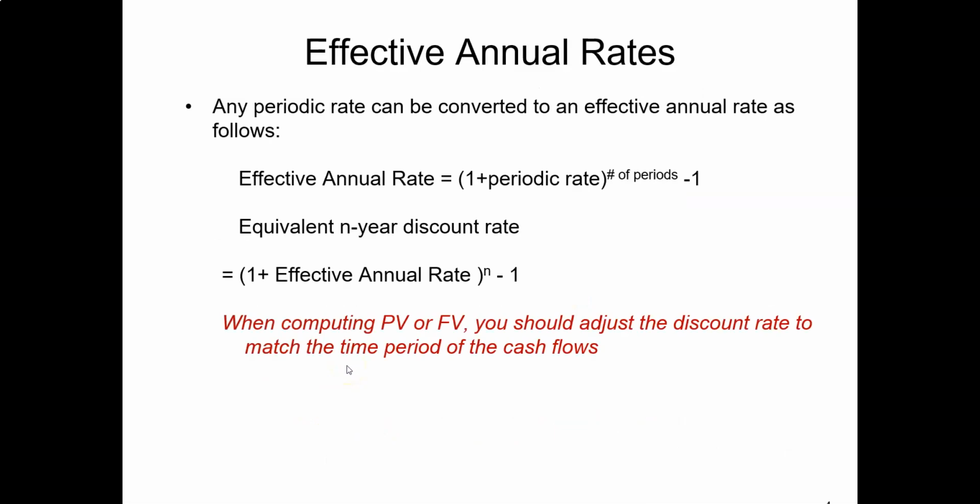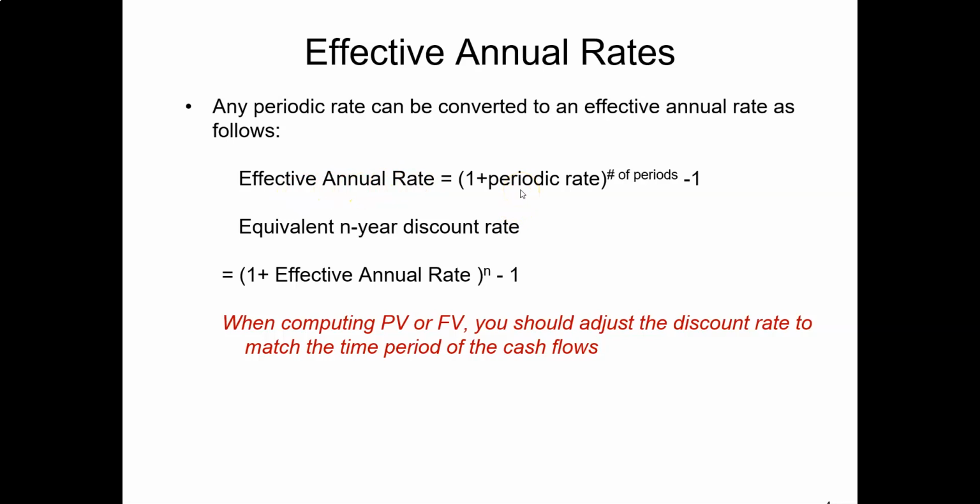Here is the equation to do this conversion calculation. If we have the periods shorter than 1 year, for example, monthly calculation or quarterly calculation, then we can use the first equation to calculate the effective annual rate.